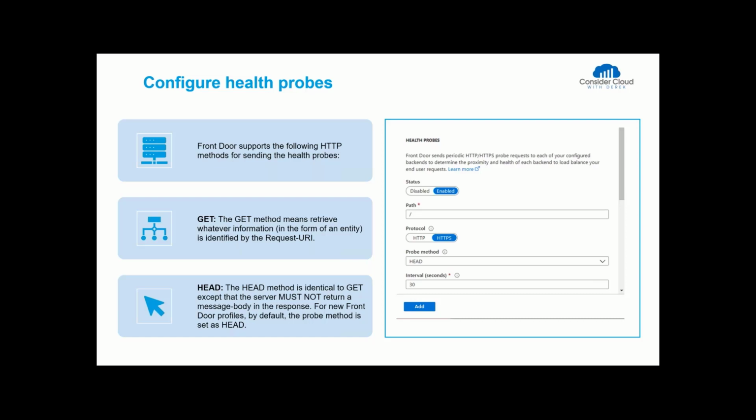So if you select 443 as your HTTPS port, guess what? Your health probe is going to go over 443. If you select HTTPS as the protocol, same thing with HTTP. If you select 80 and you want your health probe to be on HTTP as a protocol, then it's going to go over port 80.